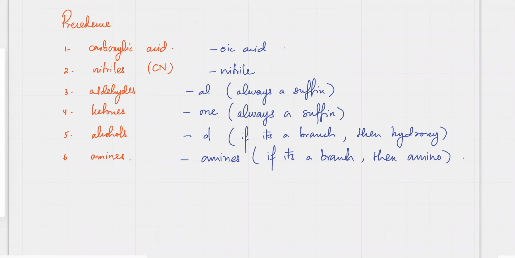Anyways, I'm going to explain the precedence first. So forget the branches at the moment. Let's understand precedence. I've got a carboxylic acid. And this carboxylic acid also has an alcohol. It's also got an OH group.